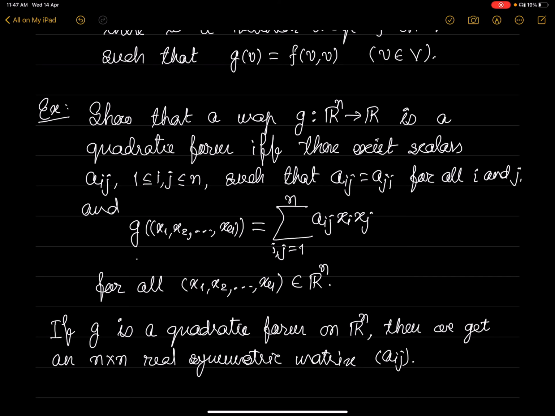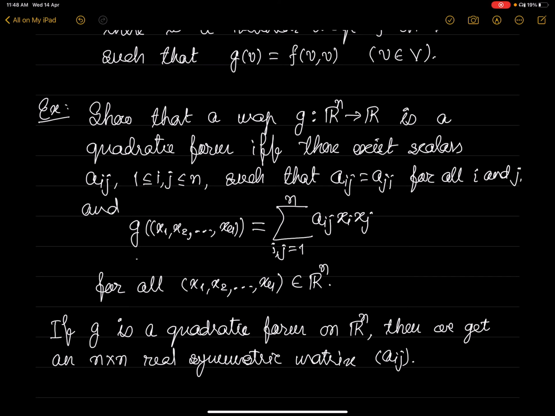So in fact such a_ij we are getting from G, those numbers are unique. So given a quadratic form on Rn, we may assign an n cross n real symmetric matrix to it, and conversely if we are given an n cross n real symmetric matrix, then we are able to find a unique quadratic form.